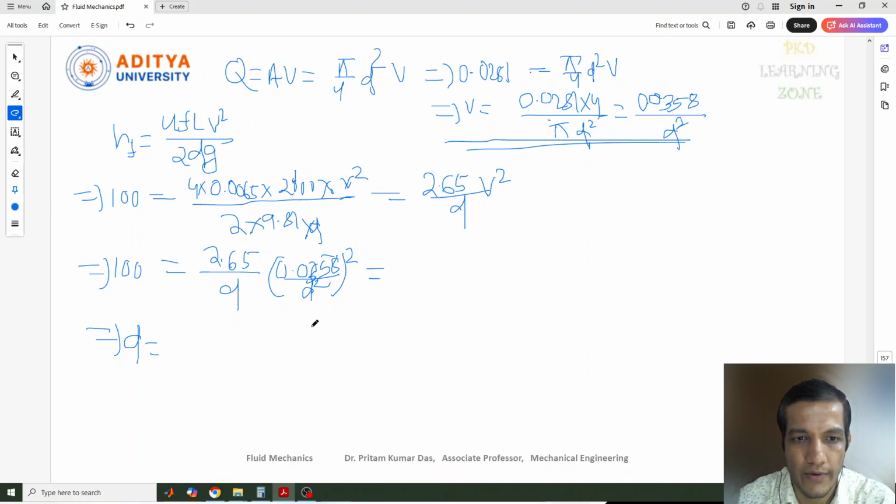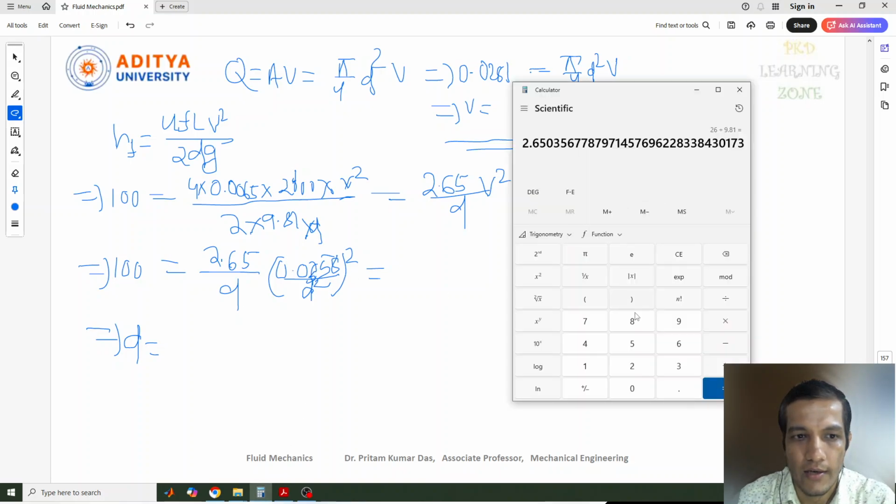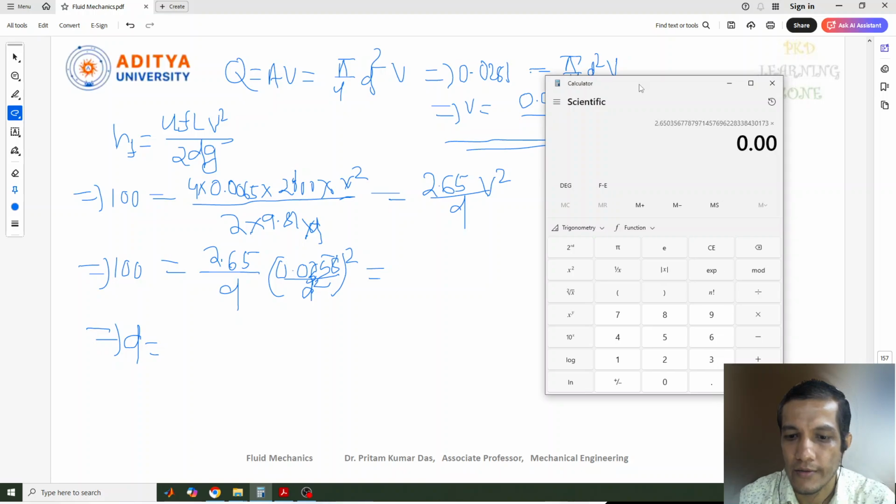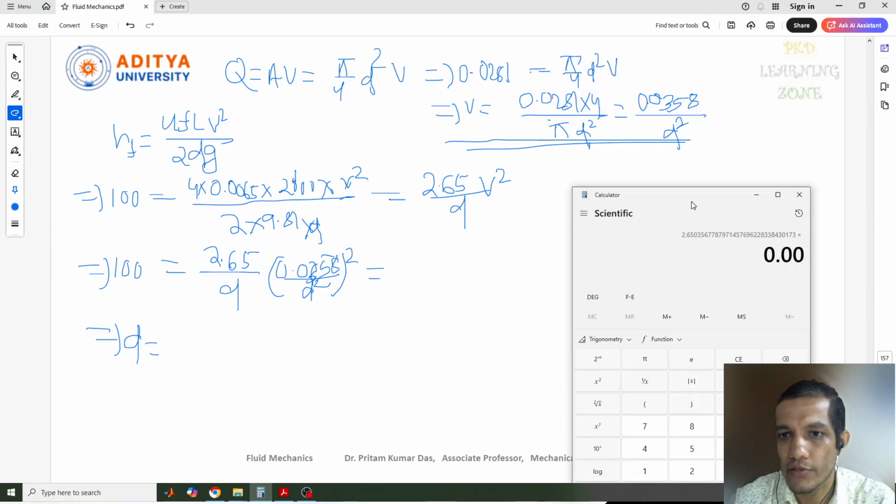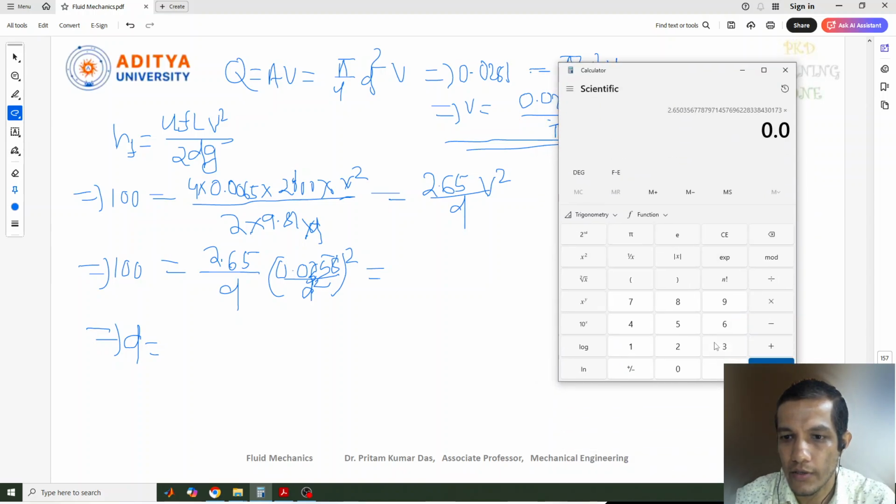Okay, let me first find out this value, how much we are getting. 2.65 into 0.0358, 0.0358 again, 0.0358, yeah, we got this 0.00339.